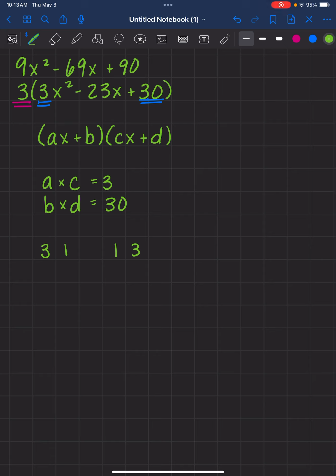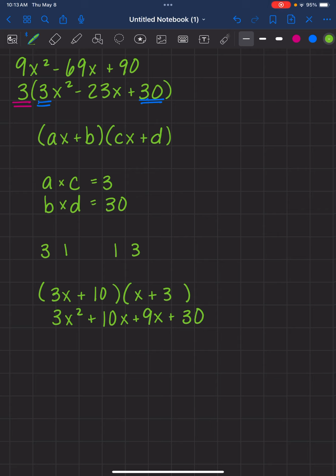But let's just start off by saying that we have 3x plus something and x plus something. And I'm just going to start by saying it's 10 and 3. So I multiply this out and I get 3x squared, of course, plus 10x plus 9x plus 30.